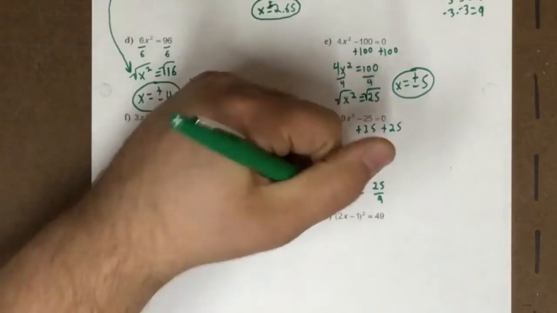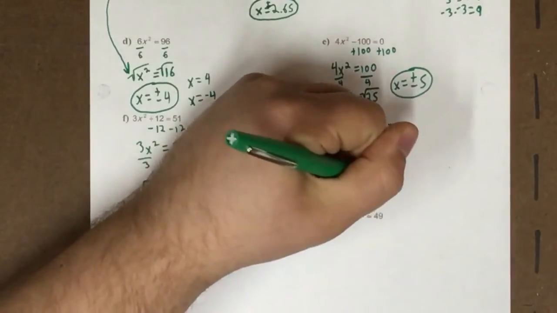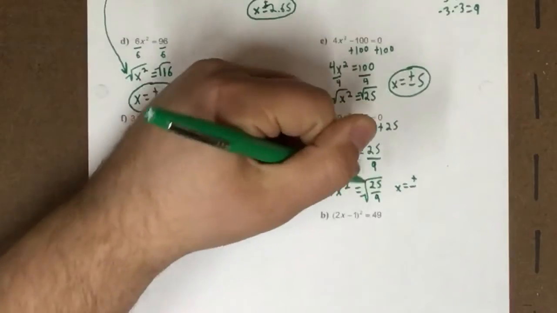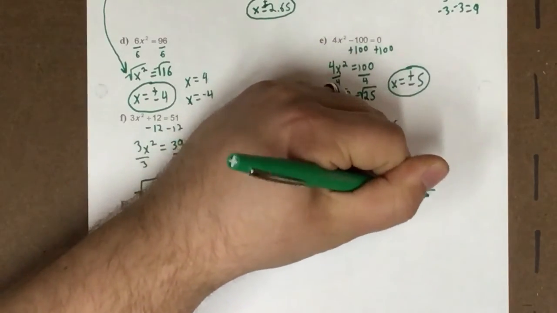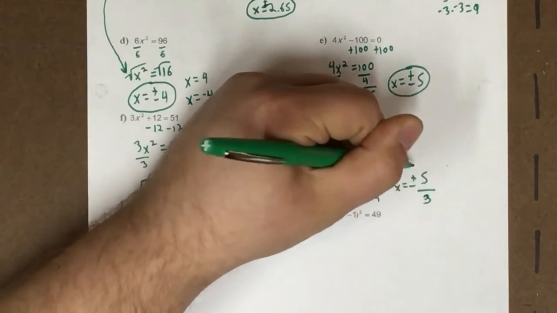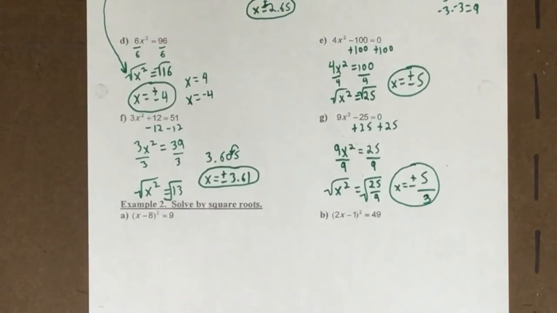I can leave this the way that it is. If I find the square root of both sides here, I'm going to get x is equal to plus or minus 5 over 3, since 25 is a perfect square of 5, and 9 is a perfect square of 3. I can just leave my answer as this improper fraction by simplifying it. If you would prefer to make that a decimal number, that's totally fine.